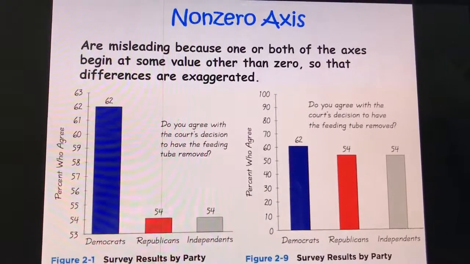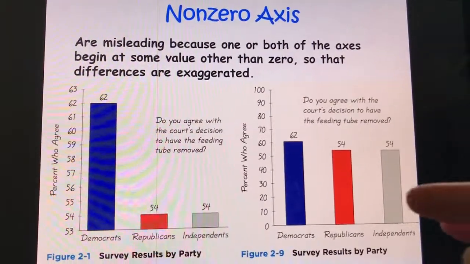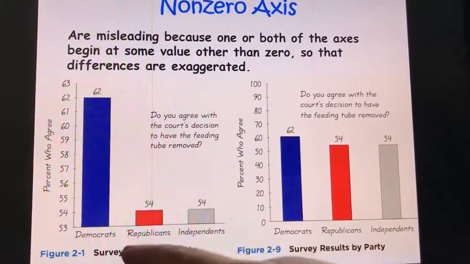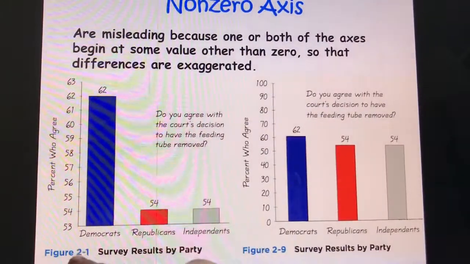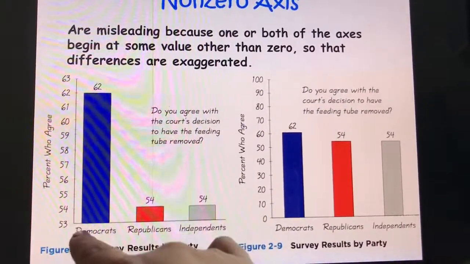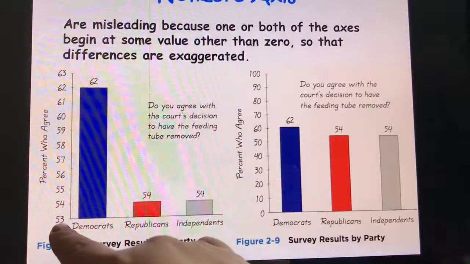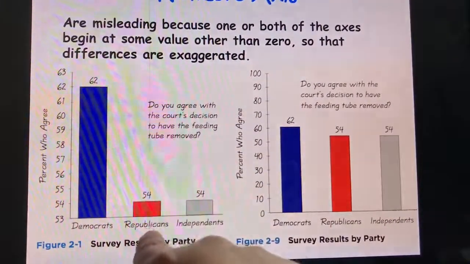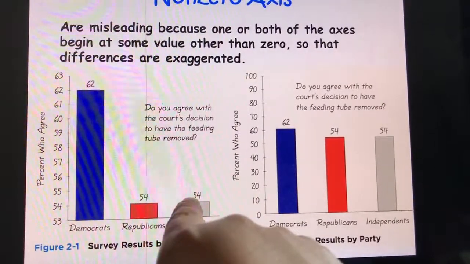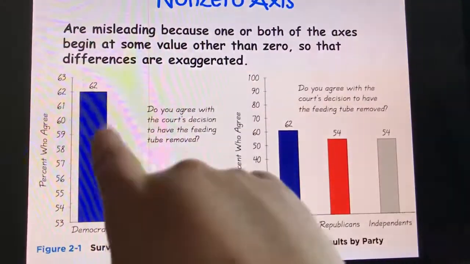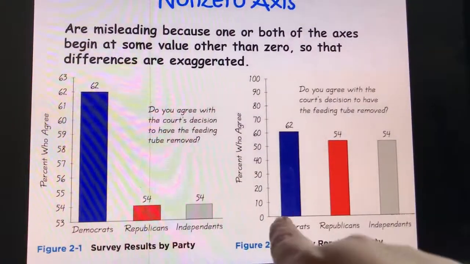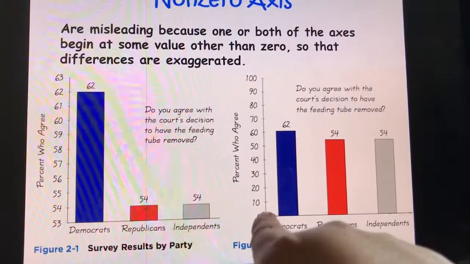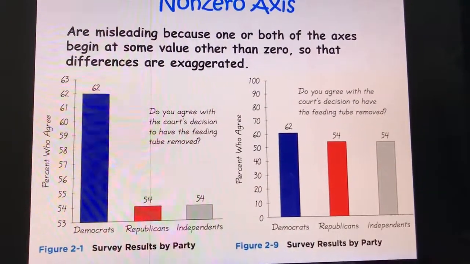If you have a non-zero axis, when it starts at something other than 0, the difference is exaggerated. For instance here, if you start at 53, Democrats were at 62, Republicans 54, Independents 54. This exaggeration looks huge, but really when you put a 0 down here and start it, it's really not that different.